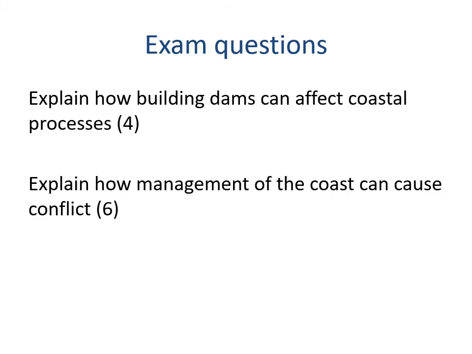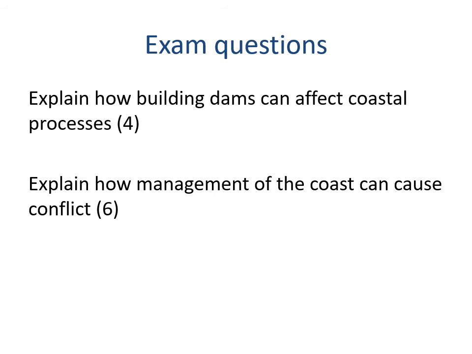Okay, so just some very quick short answer type questions to think about. If you want to do these and email them to me, you're grand, or you can submit them on Teams, perhaps even better if you do that. So just explain how building dams can affect coastal processes. Again, the best answers will give a named example. So talk about the Aswan Dam.